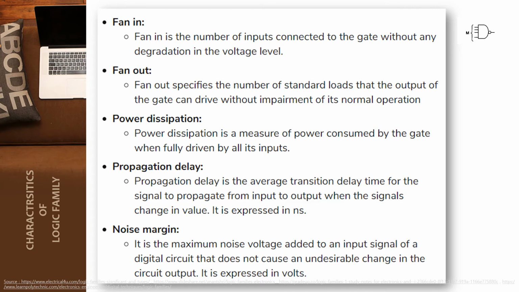As you can see in the image, there is one NAND gate and there are n number of inputs. The fan in characteristic means that when we connect n number of inputs to the gate, we don't need to change any voltage level, meaning there is no degradation. So without any degradation in the voltage level, we can work with this gate.